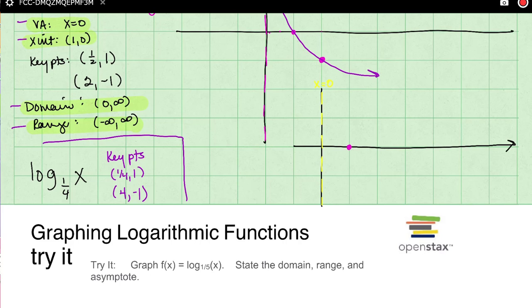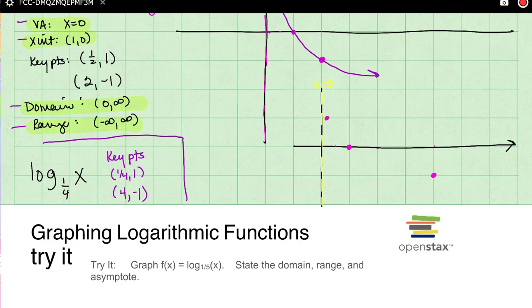We have a key point at 1/4 up 1. So half is halfway, and 1/4 is halfway between 0 and halfway. So go 1/4 up 1, and then we have the point 4, and down 1. So again, it's going to swoop down.